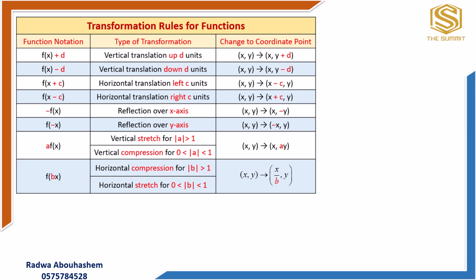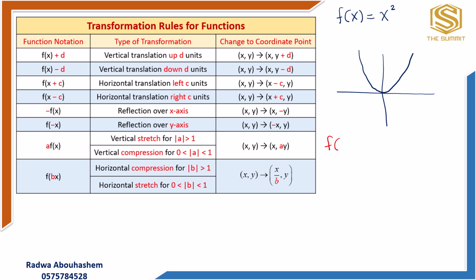So let me make it clear for you. Here, function of x equals x power 2. Now, if I'm telling you here is the parent function, and you are moving up 3 units, it would be like this.